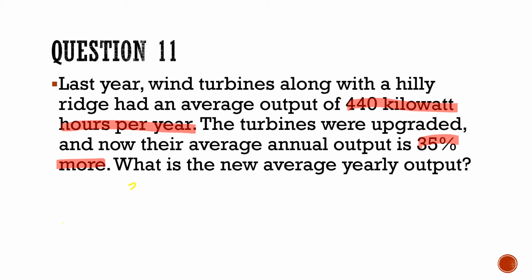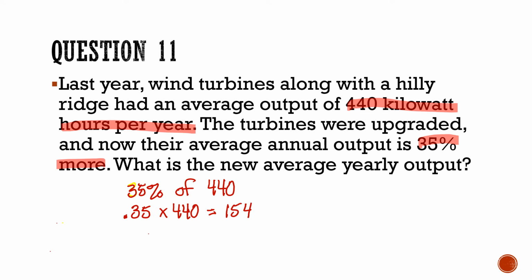Okay, so we're doing 35% of 440. So 0.35 multiplied by 440. 0.35 times 440 is 154.